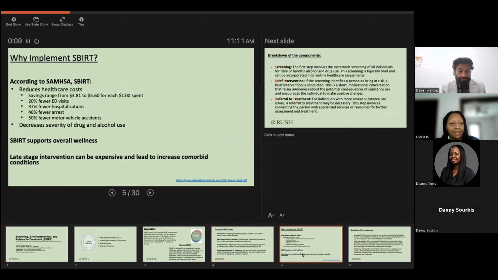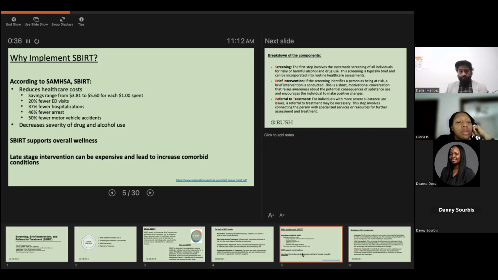Next slide. So why implement SBIRT? According to SAMHSA, these are some statistics I received from SAMHSA. It reduces healthcare costs, with savings ranging from $3.81 to $5.60 for each dollar spent, 20% fewer ED visits, 37% fewer hospitalizations, 46% fewer arrests, and 50% fewer motor vehicle accidents.